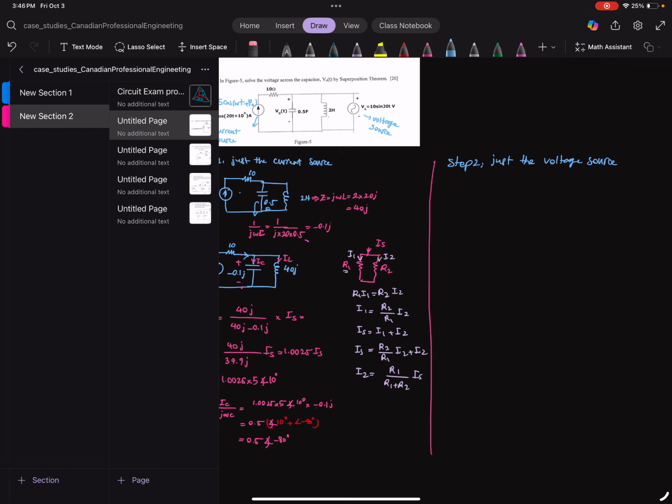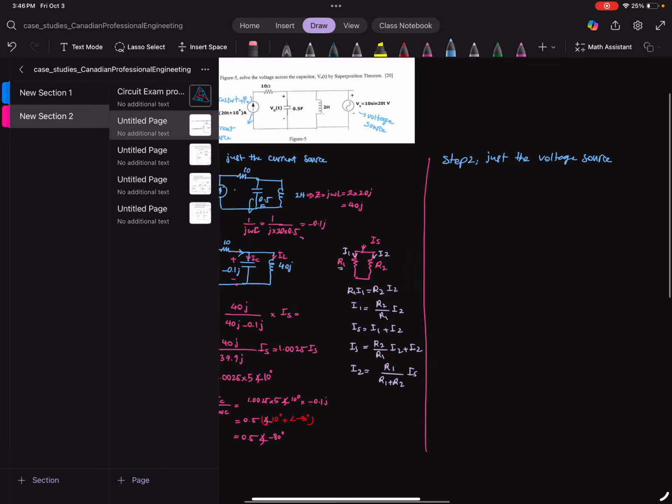Now let's see the current source. How do you remove the current source? You short circuit it, right? So the voltage source, we open circuit it. The current source, we short circuit it.